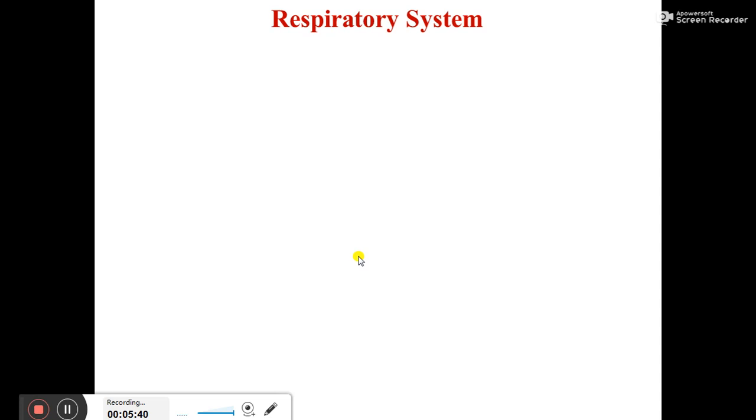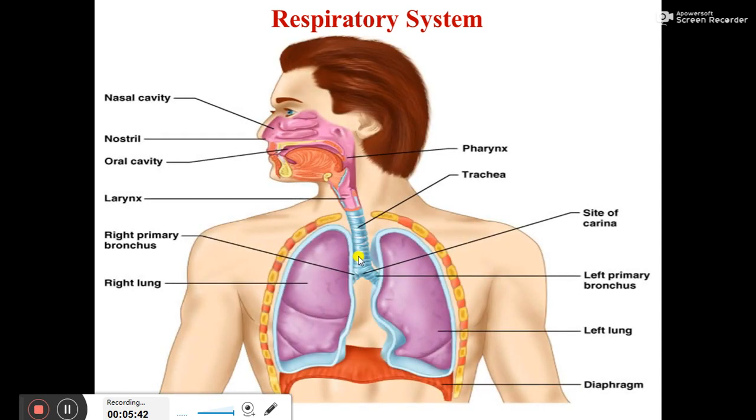Next is the respiratory system. This is the diagram which shows the respiratory tract organs. The respiratory tract starts from the visible part, which is the nose. The nose shows the nasal cavity and this is the nostril. From the nose, the next part is the pharynx, then the larynx, which is present here.